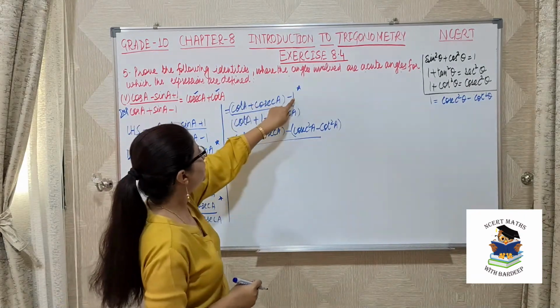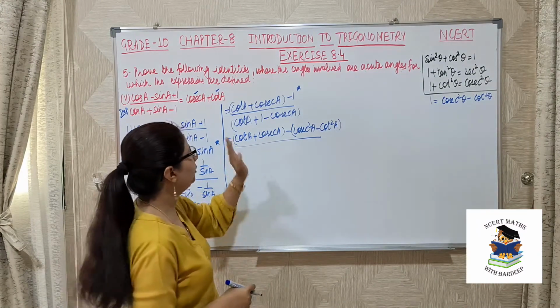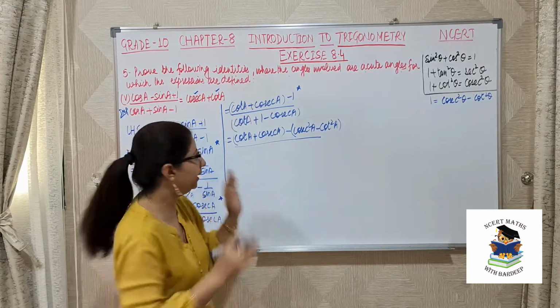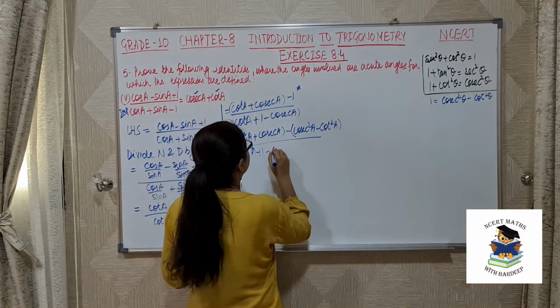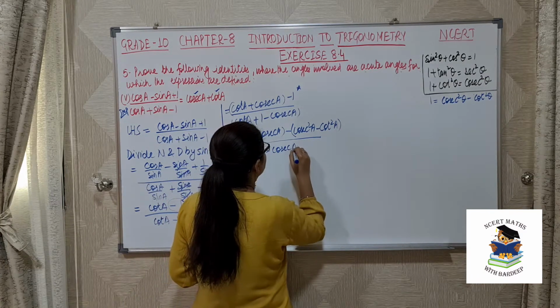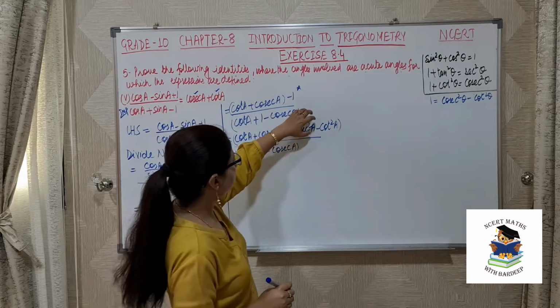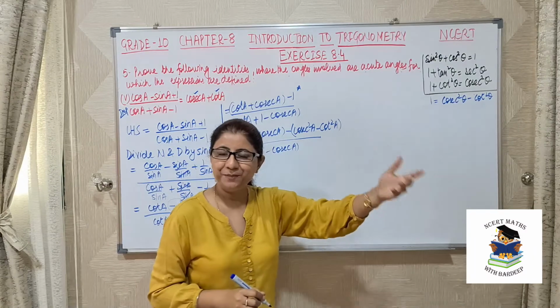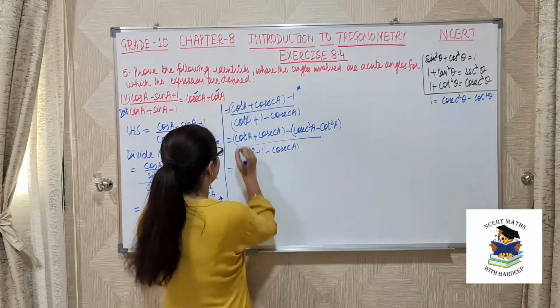Again, no need to substitute 1 in the numerator as well as the denominator. No, we are going to replace only in the numerator. The denominator we will keep as it is. Okay, so now after this step, this is a square minus b square. So a square minus b square will be a plus b into a minus b.